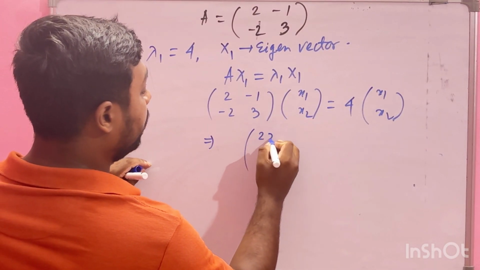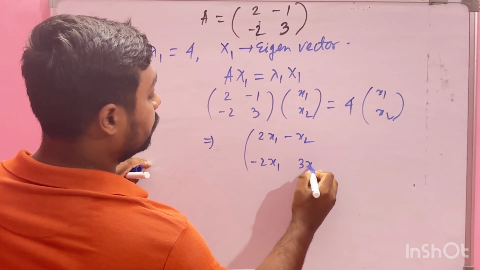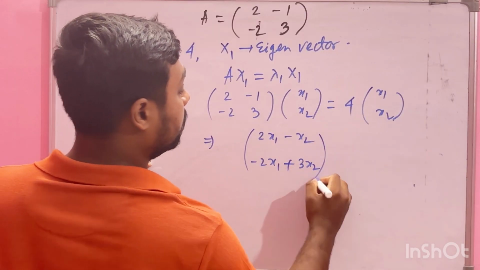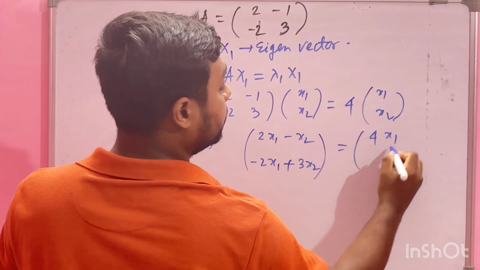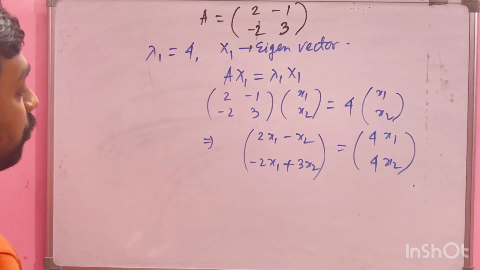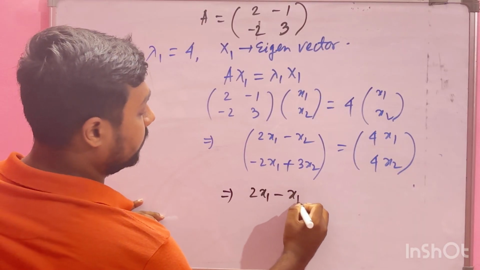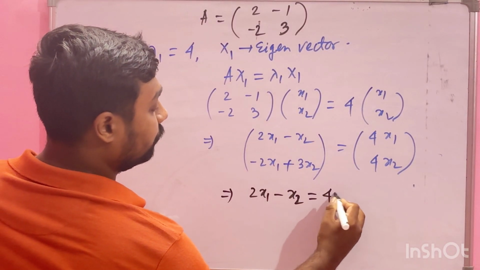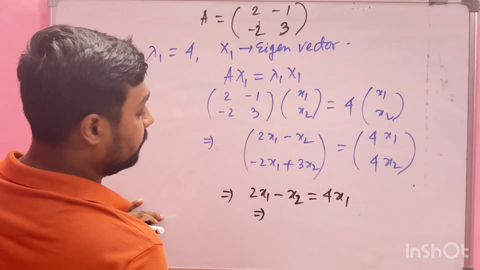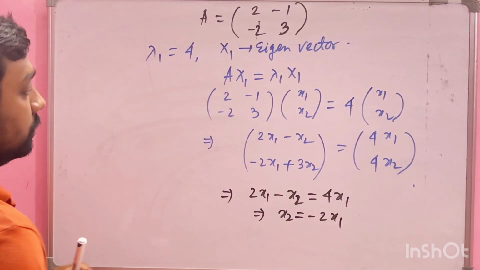So from here we will get two equations: 2x1 - x2 and -2x1 + 3x2 equal to 4x1 and 4x2. Comparing both sides, we get 2x1 - x2 = 4x1. So that means x2 = -2x1.